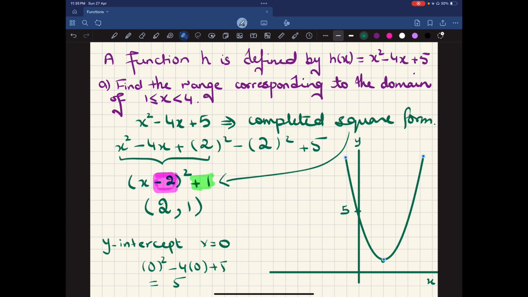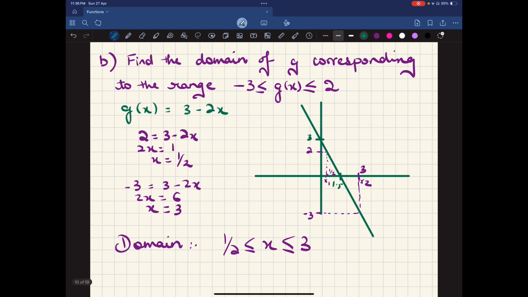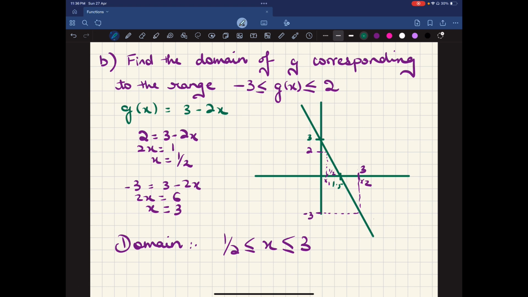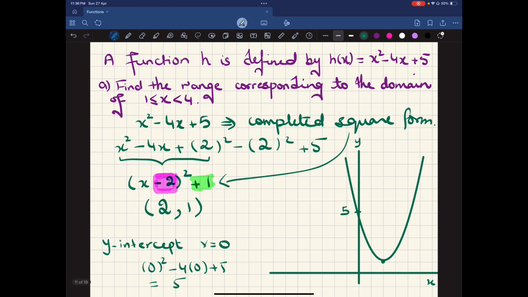Now, what's the question? Once you've sketched the graph, and for the previous graph as well, please remember to label your line. We're also going to label our graph, which is y equals x squared minus 4x plus 5.